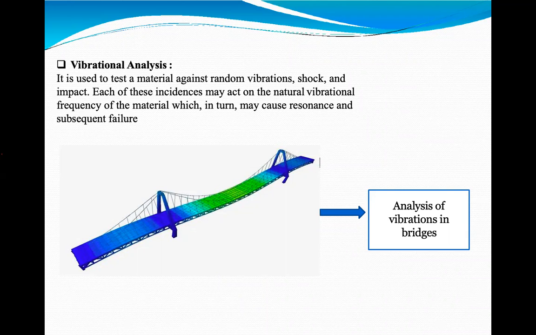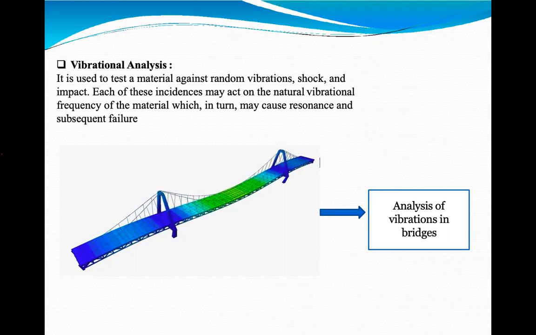So we always want to avoid this resonance case, and we want to check the natural frequencies of the geometry. So we will be performing the vibration analysis to check the natural frequencies and to find the mode shapes. If any of our natural frequencies is matching with the excitation frequency, then we will have to modify our structure so that it does not match.